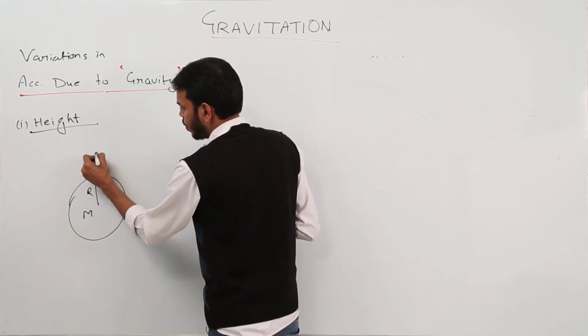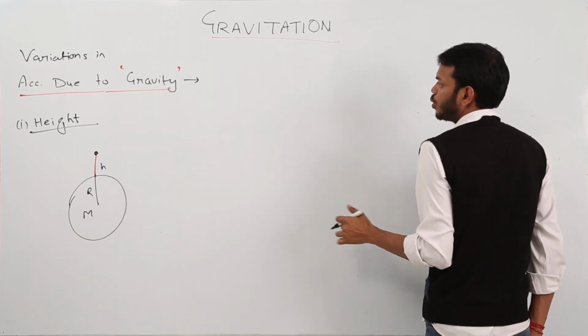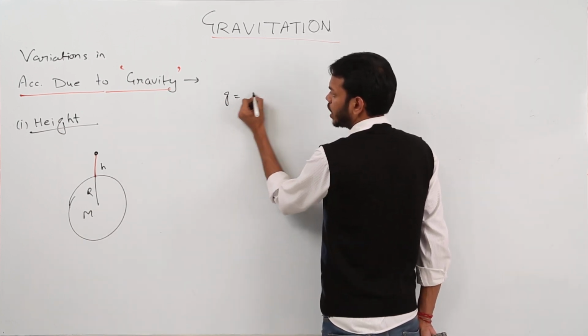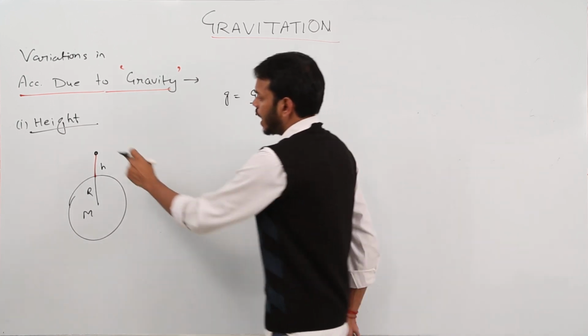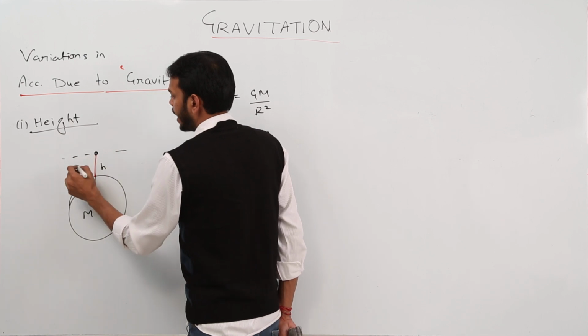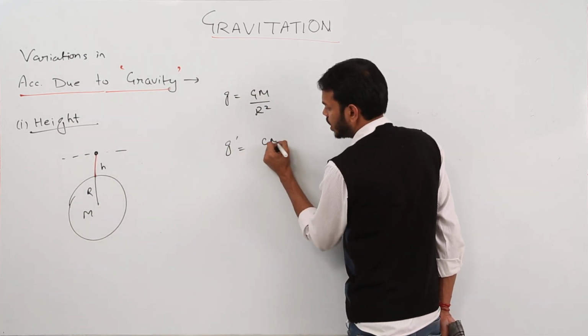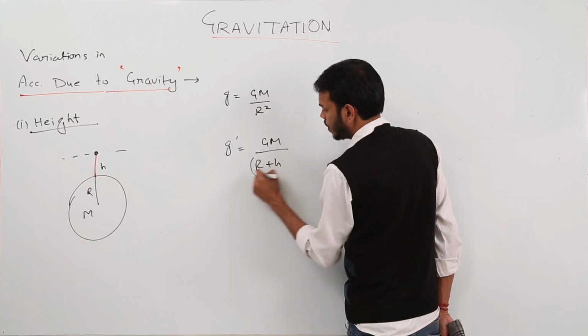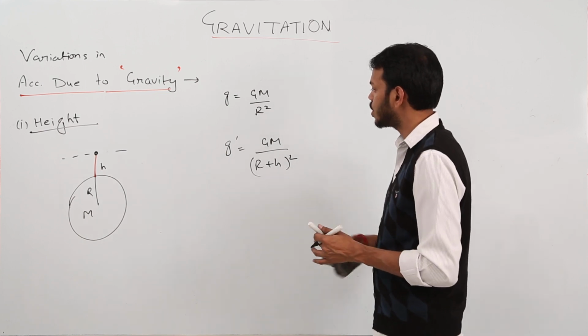This height is h and the body is placed here. So we already know the formula for acceleration due to gravity, which is g equals GM over r square. So at this height, the value of g dash might be some new value. It would be GM over r plus h whole square. I have just increased the value of distance, r plus h whole square.